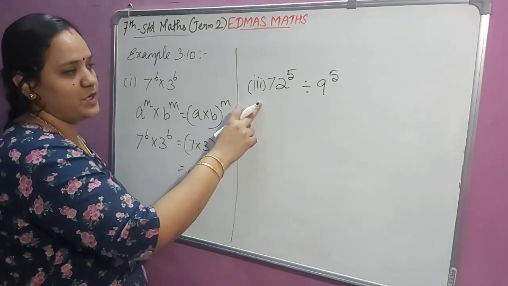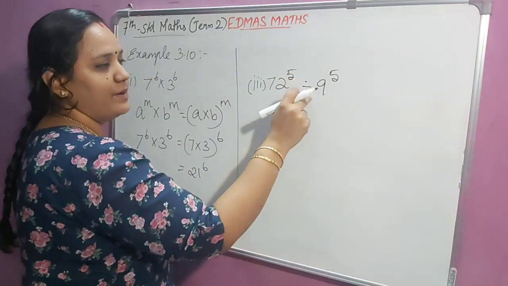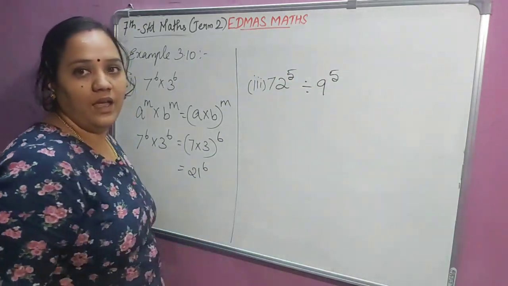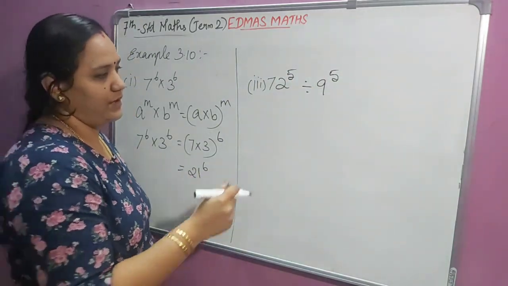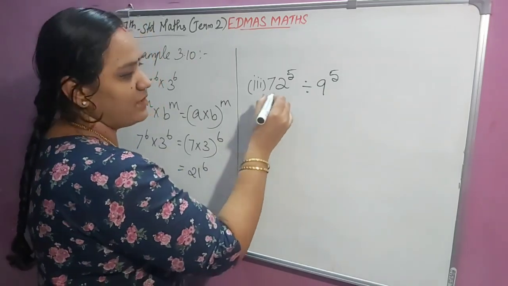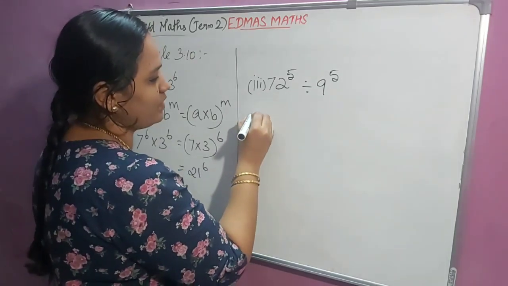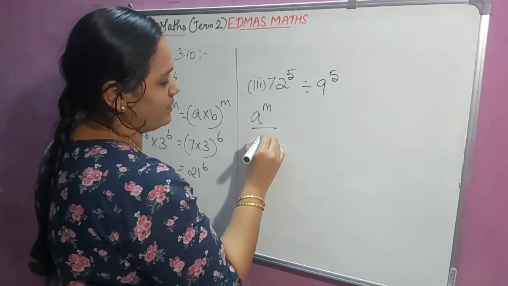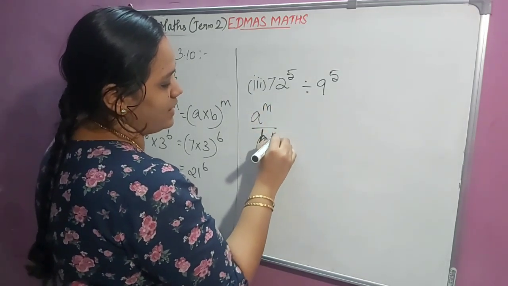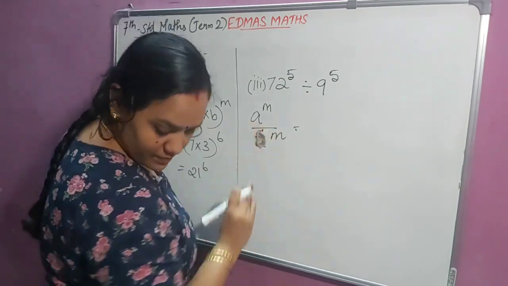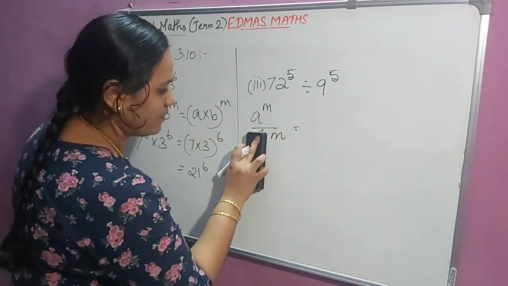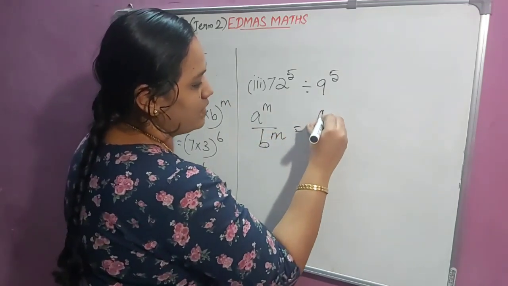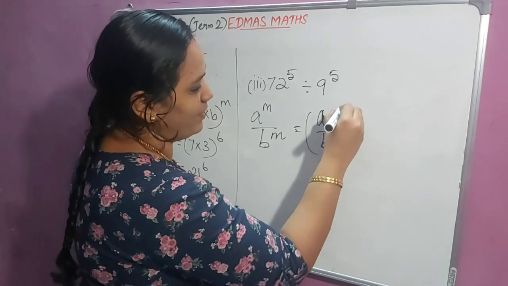So this third option, 72 power 5 divided by 9 power 5. Here the powers are same and the bases are different. So we can use the division law for this. So a power m divided by b power m is equal to a by b the whole power m.